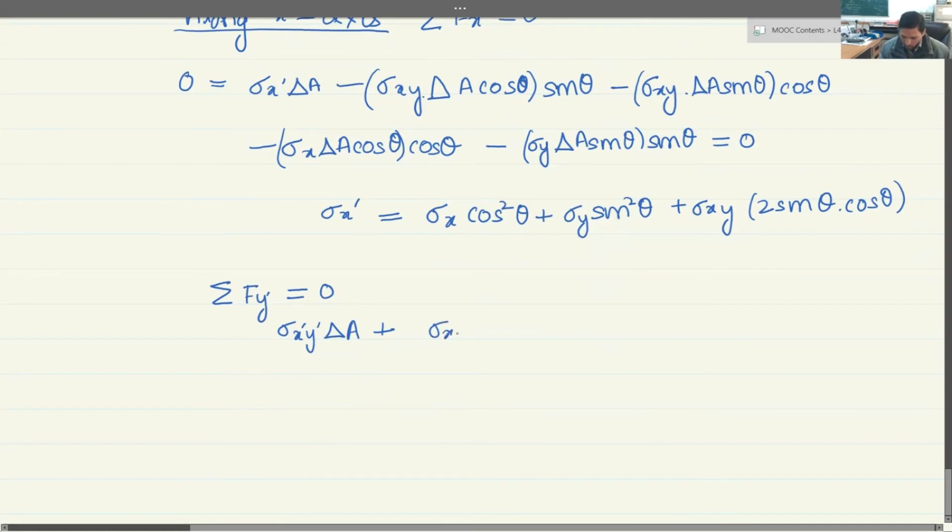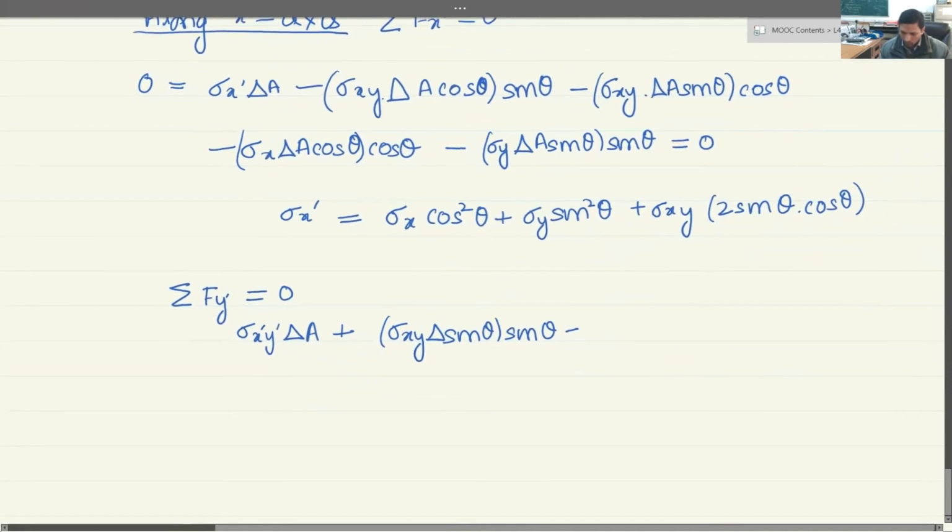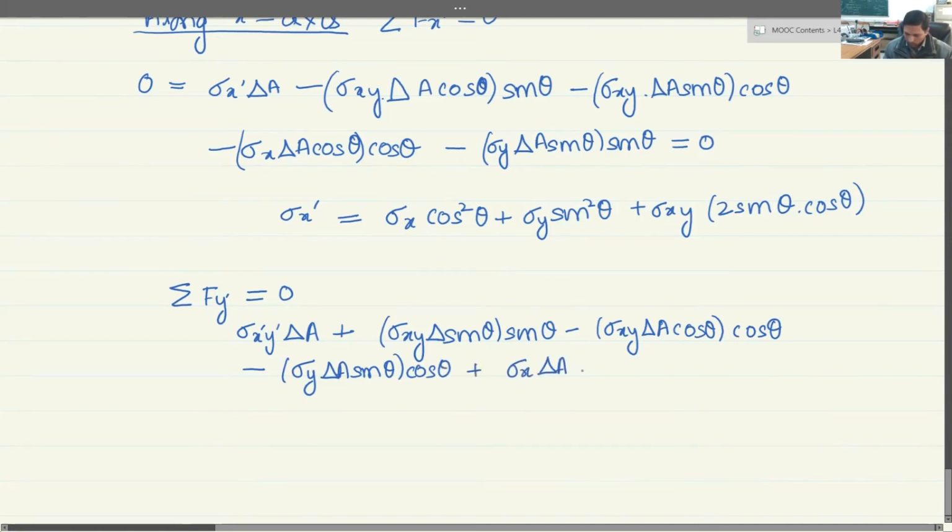So these are the various components we have taken along the y-axis, and we know this will be 0. And when we simplify or take away all the 0 elements, then what we see is that sigma x prime y prime is equal to the expression in sigma y. And this is something that you should try on your own, and you would see that this is what it comes out to. And this will also give you practice on how to derive this.